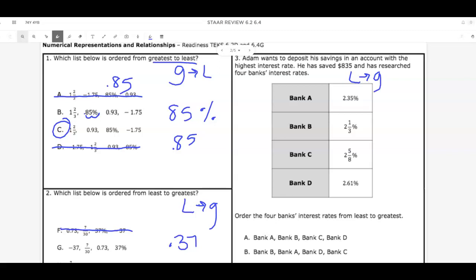Nobody knows. I remember talking about it. 1/3 as a decimal. It's one that you have to memorize. It's the one with all the threes. Oh, yeah, it's 0.33. You were supposed to know that.